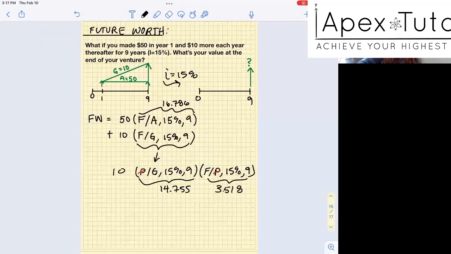So what do you get when you combine everything? 1,358.38. What does that number represent?